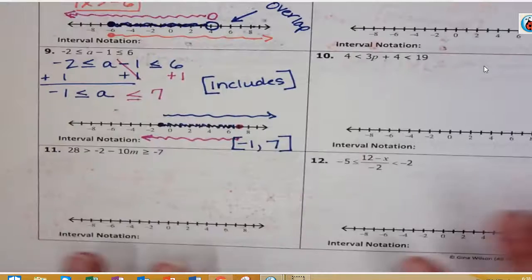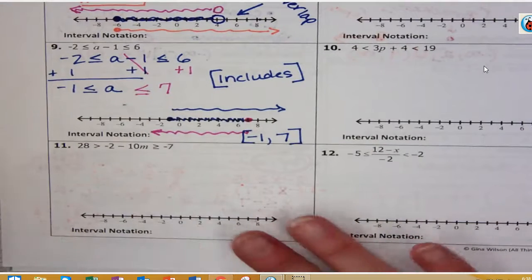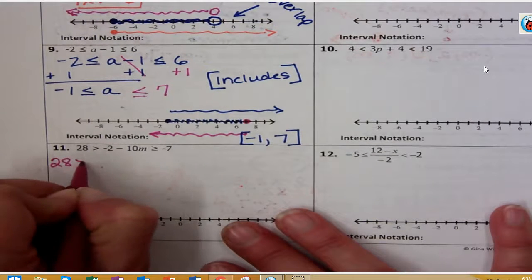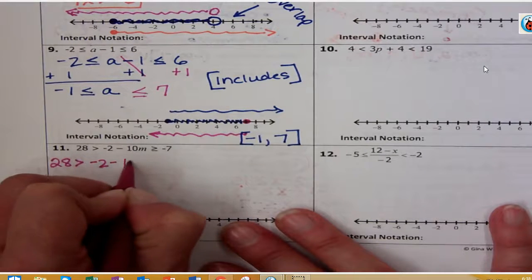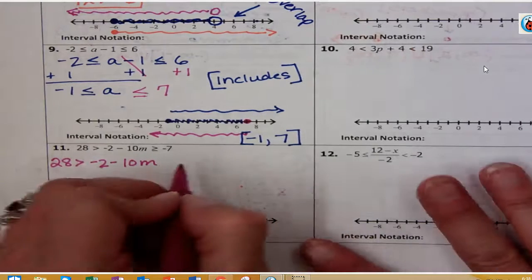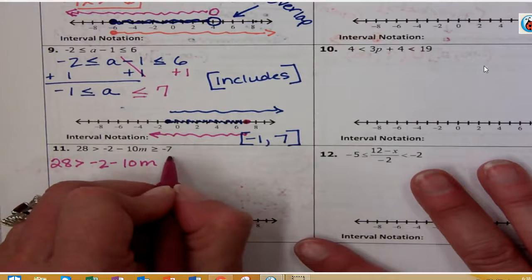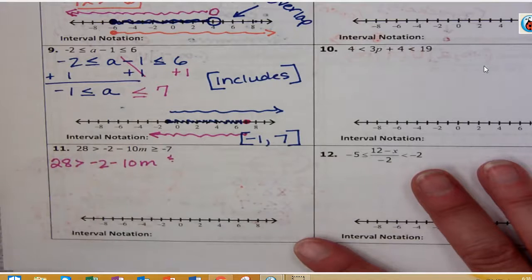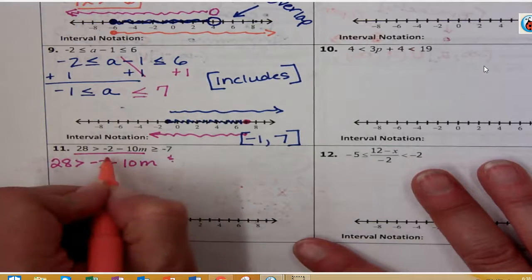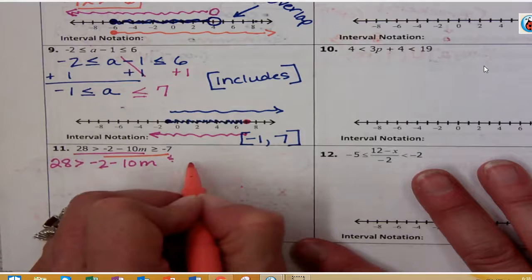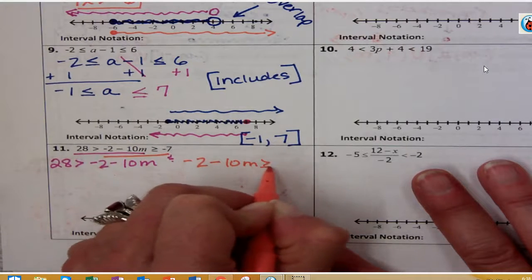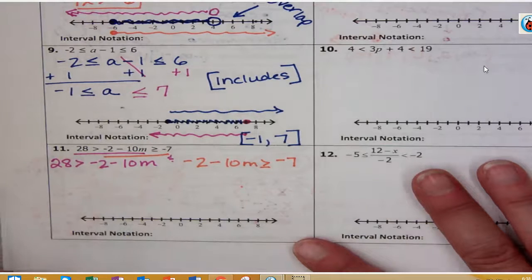Okay. Now, you can take these apart. I'm going to show you how to do that. You can take these apart and just say 28 is greater than -2 minus 10m. So that's this equation right here. Then you can also rewrite this and say -2 minus 10m greater than or equal to -7.